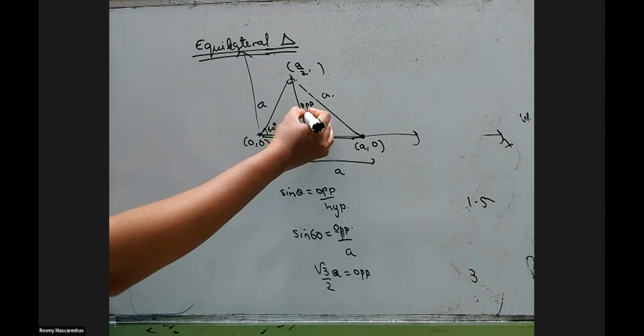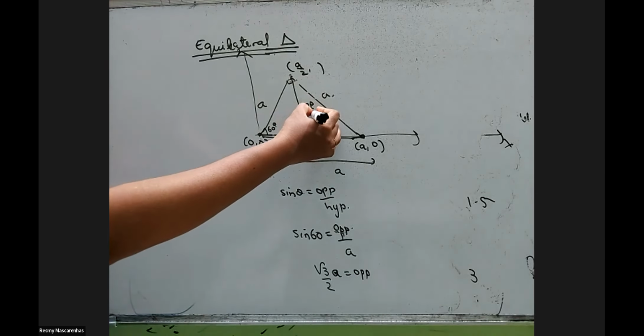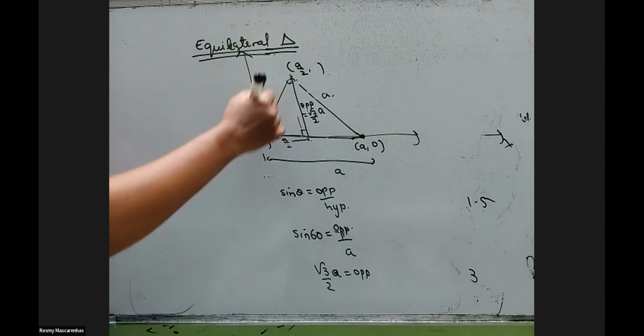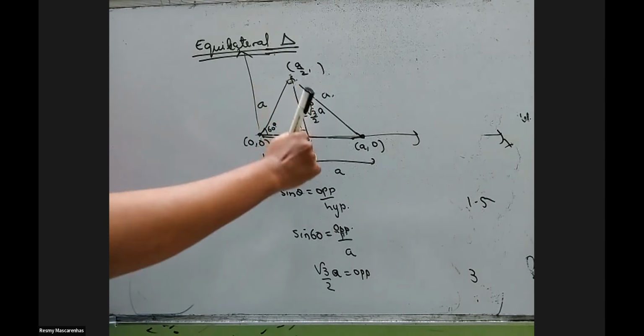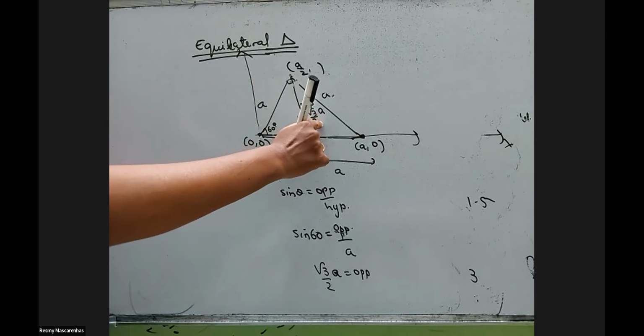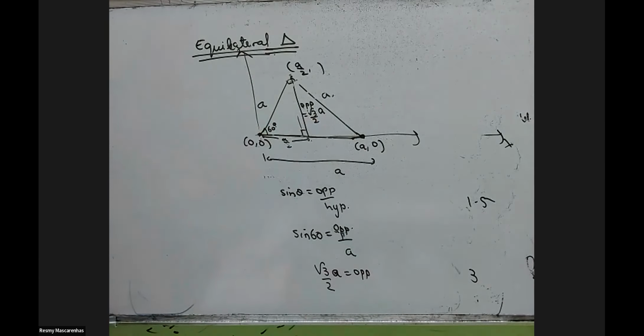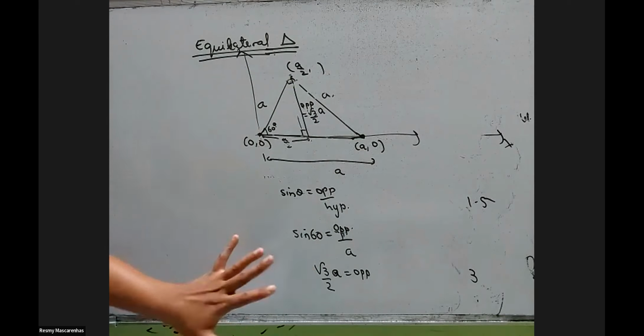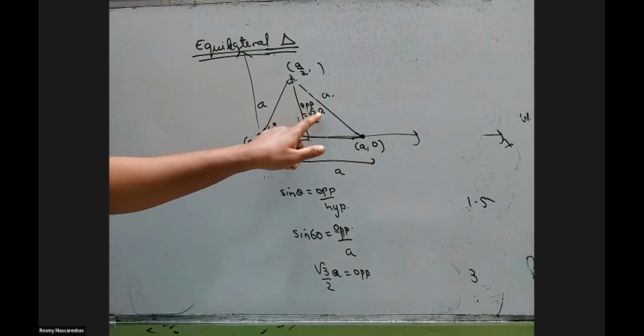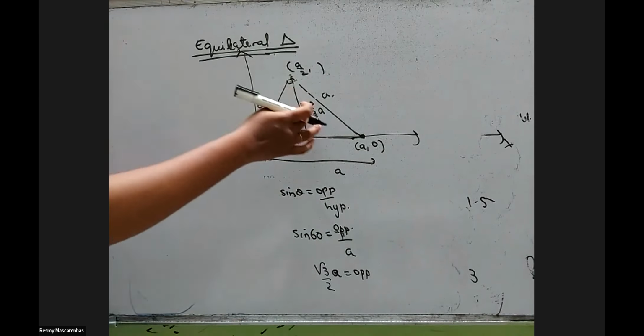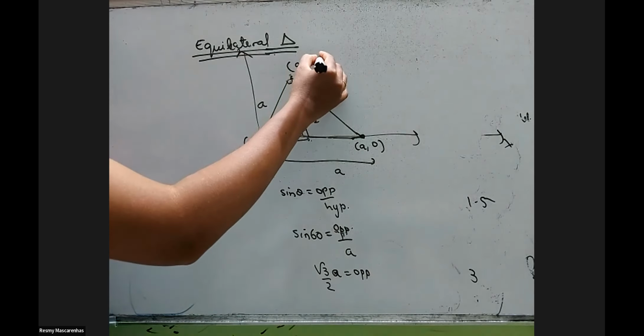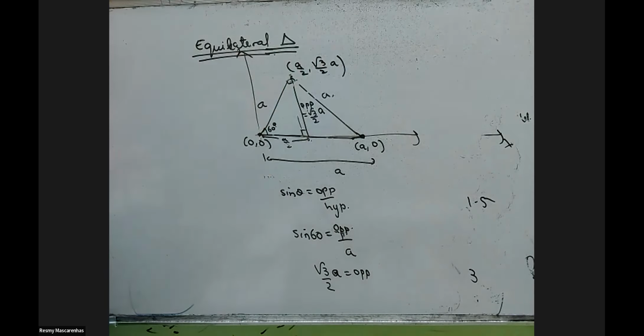Remember this, you can memorize it: for an equilateral triangle, this length will always be root 3 upon 2 times A. This is fixed. So what will be the y coordinate?